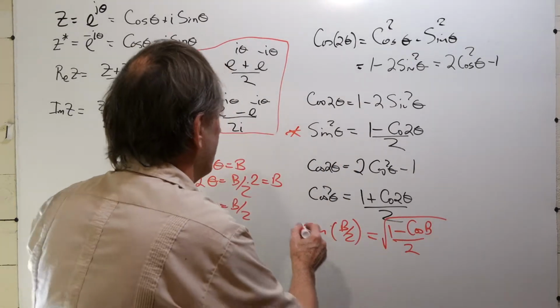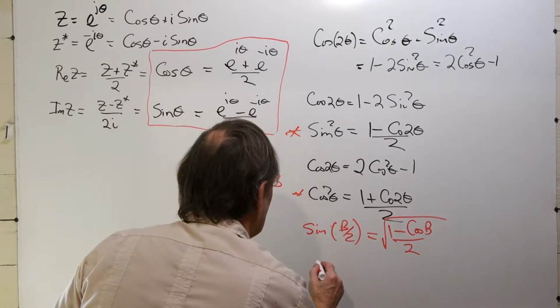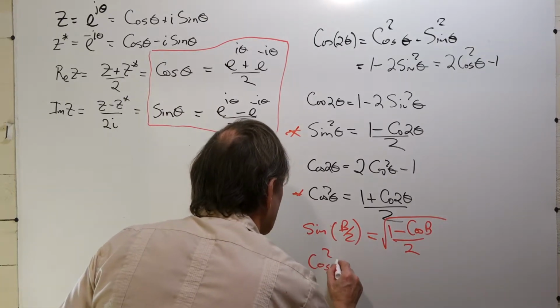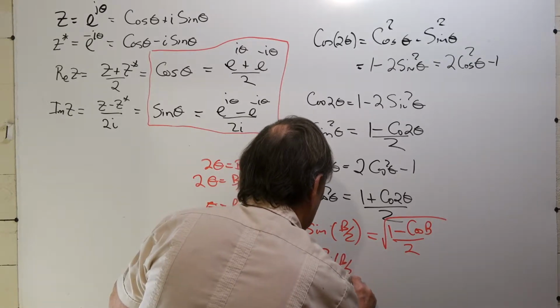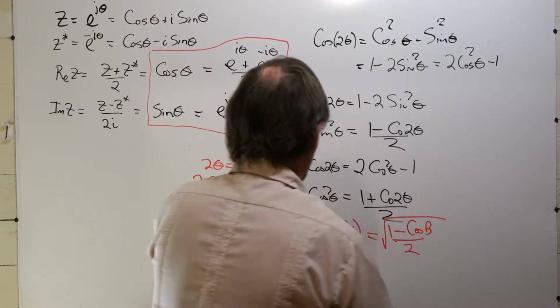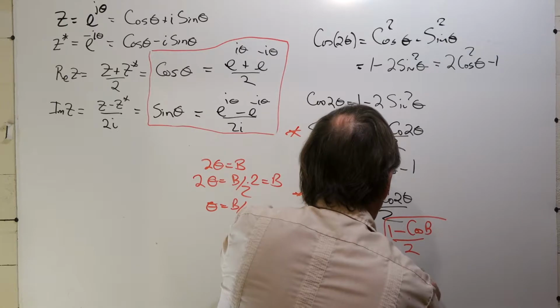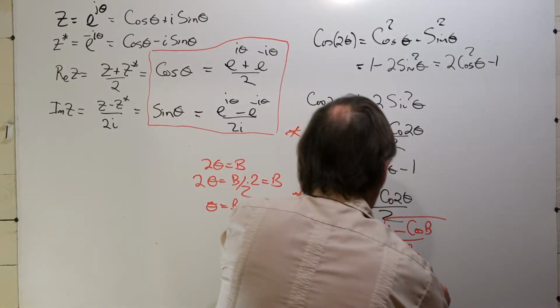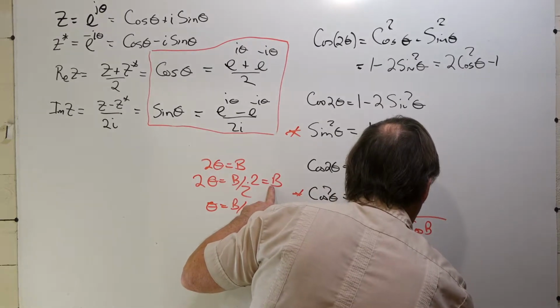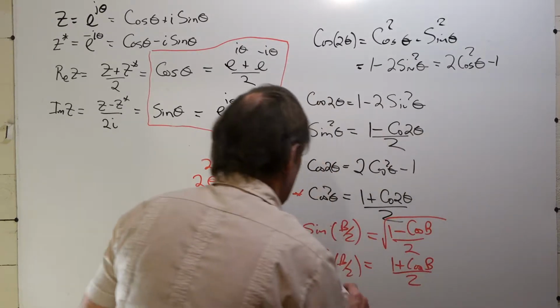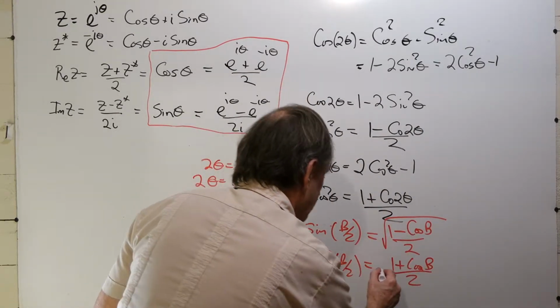And then likewise, for this equation, we have that the cosine squared of theta, which is b over 2, is equal to 1 plus the cosine of 2 theta. Well, 2 theta is b, all over 2. And again, we can take the square root of both sides.